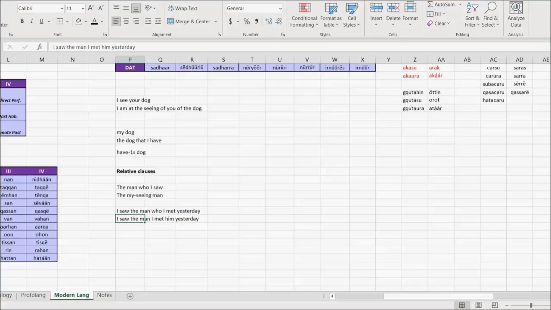And then you've got internally headed relative clauses, which frankly completely baffle me. I've read through a bunch of different papers trying to understand what's going on, and they're so confusing to me that I don't even trust myself to explain it properly. But just to give an example, if you wanted to say, "I saw the man who I met yesterday," that would be, "I met the man yesterday," where the full relative clause just takes over the spot where the referent is in the matrix clause.